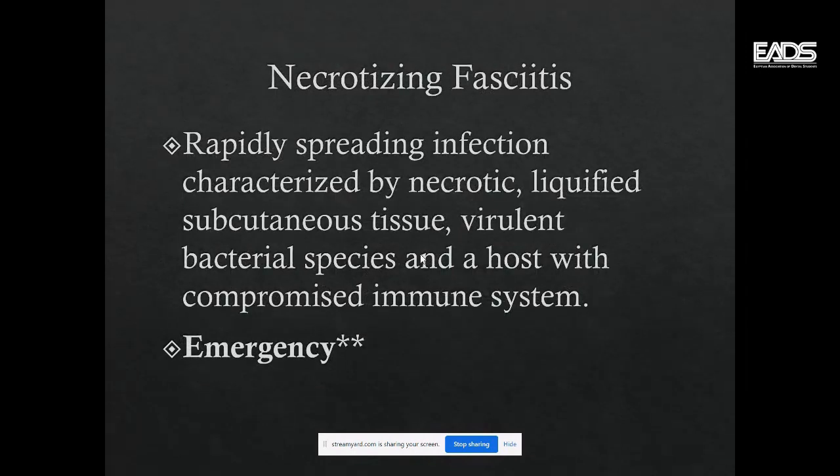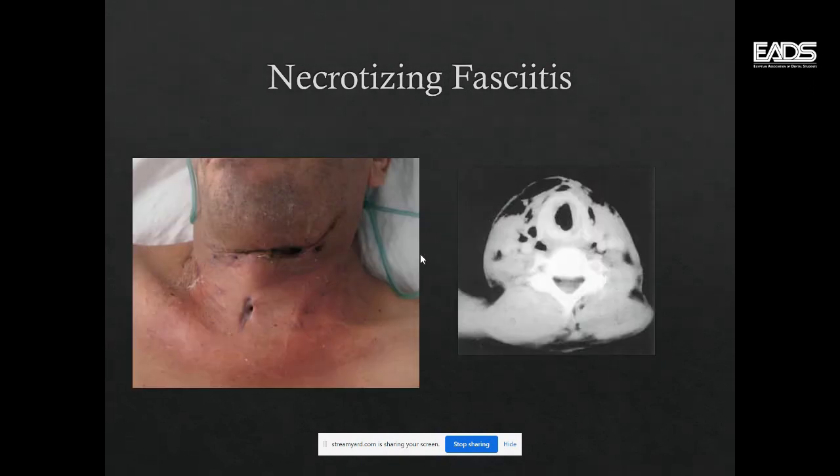We also have necrotizing fasciitis, which is not that common, but it can happen as well. It is a rapidly spreading infection characterized by necrotic, liquefied subcutaneous tissue. It is mostly caused by virulent bacterial species and in a host with a compromised immune system. So this is an emergency, and this is how it looks like.